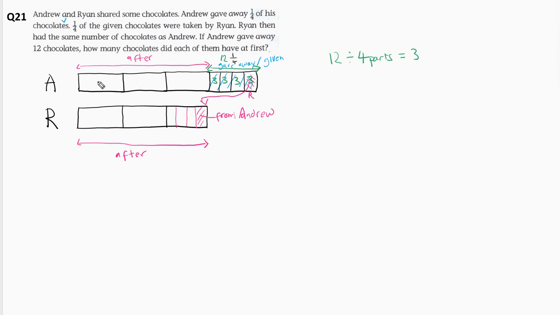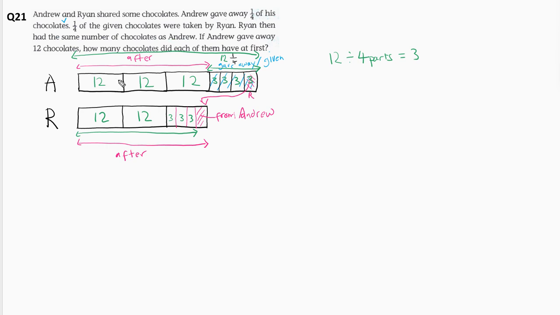Each of these is 12, and we could subdivide, but we know that's 12 because that whole thing is 12. That's 12, that's 12, and this is 3, 3, and 3. What did we ask? We asked, what did each of them have at first? At first, that's what Ryan had, and at first, that's what Andrew had.